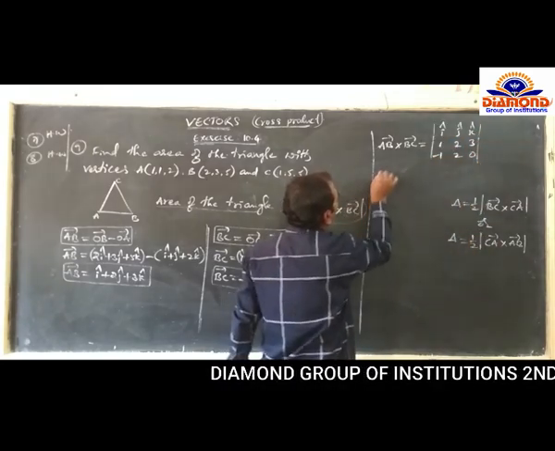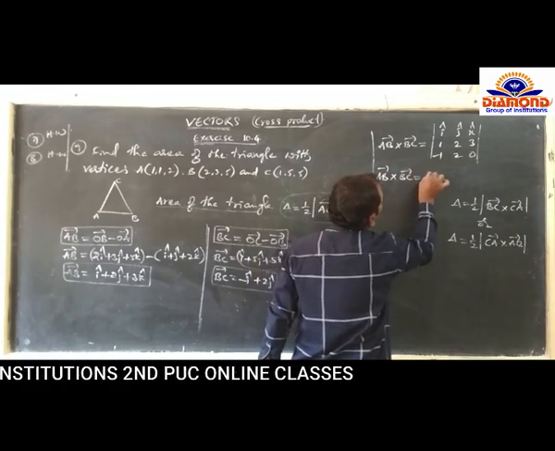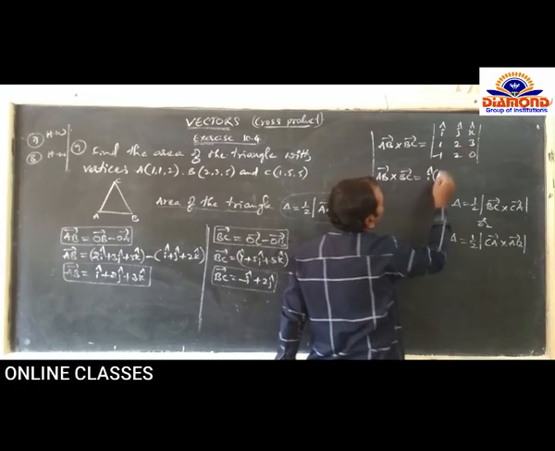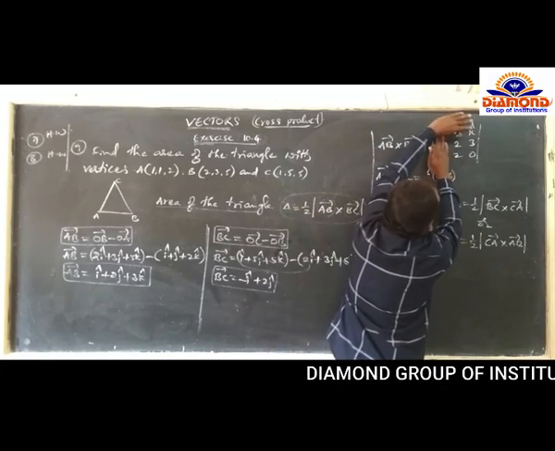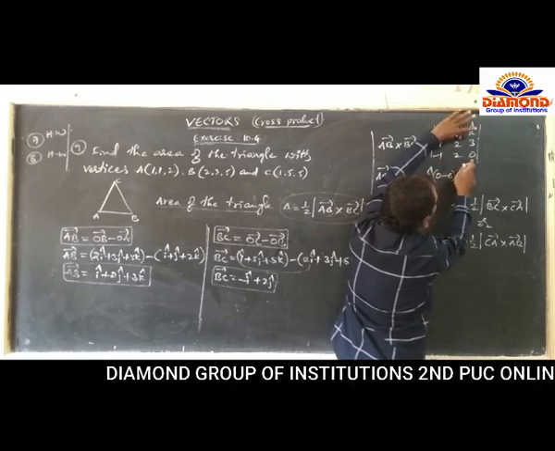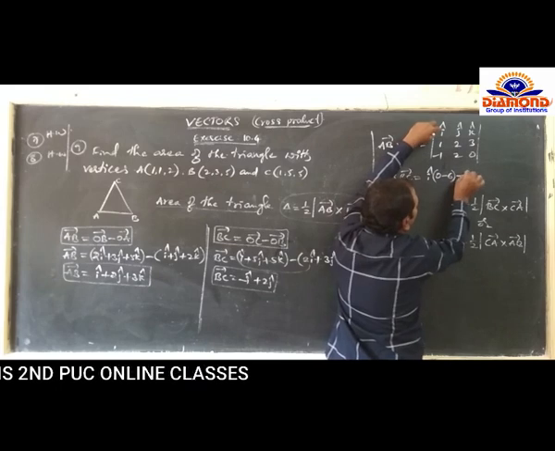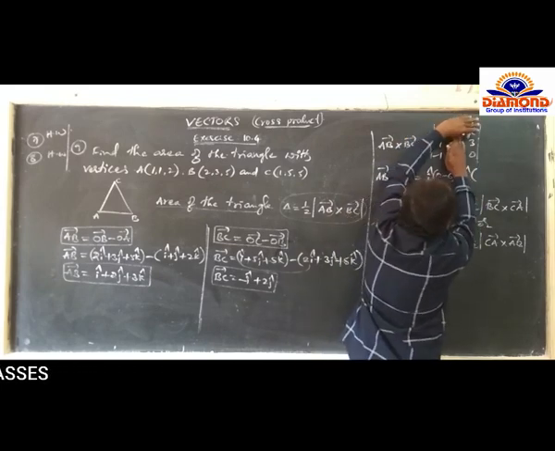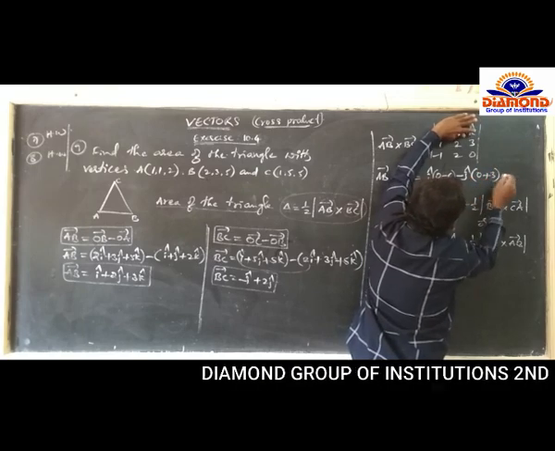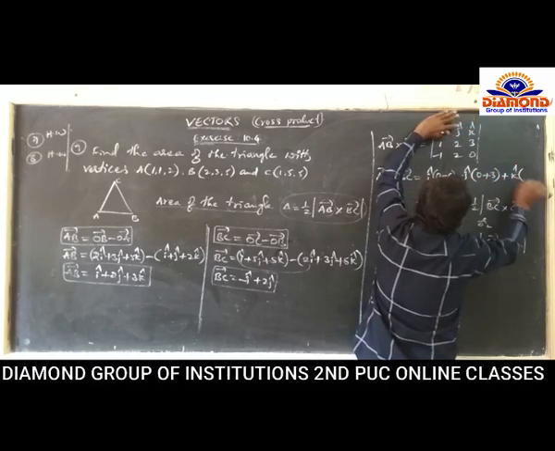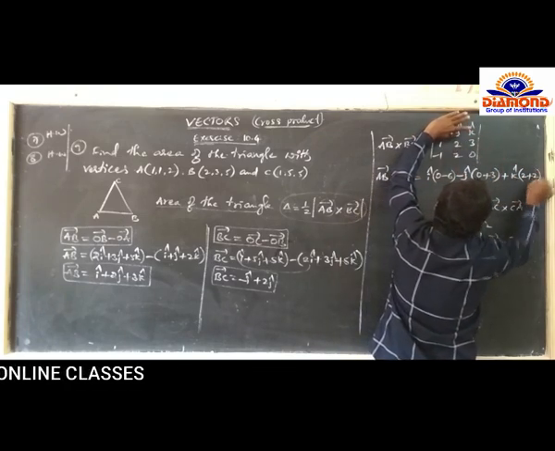So AB bar cross BC bar equals i cap into (0 minus 6), minus j cap into (0 plus 3), plus k cap into (2 plus 2).